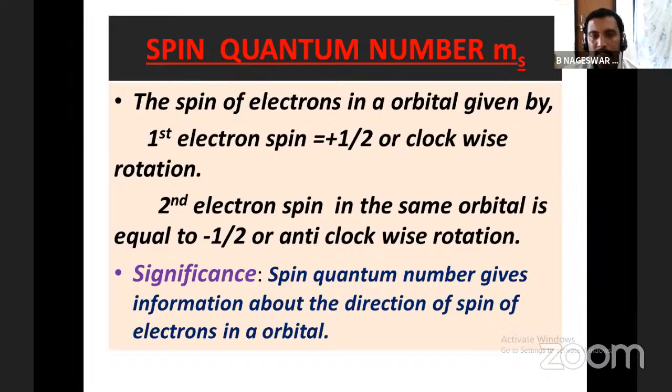The boundaries are the orbit or shells. The benches, where the students are sitting, that is, where the electrons are present, that place we take as an orbital.